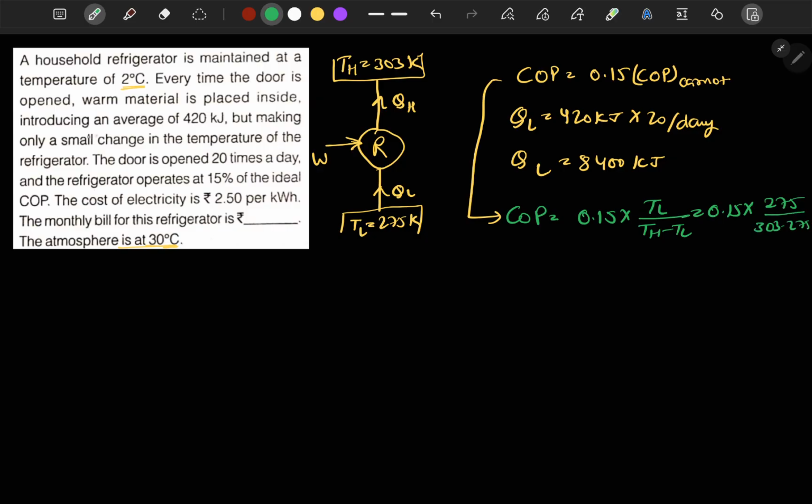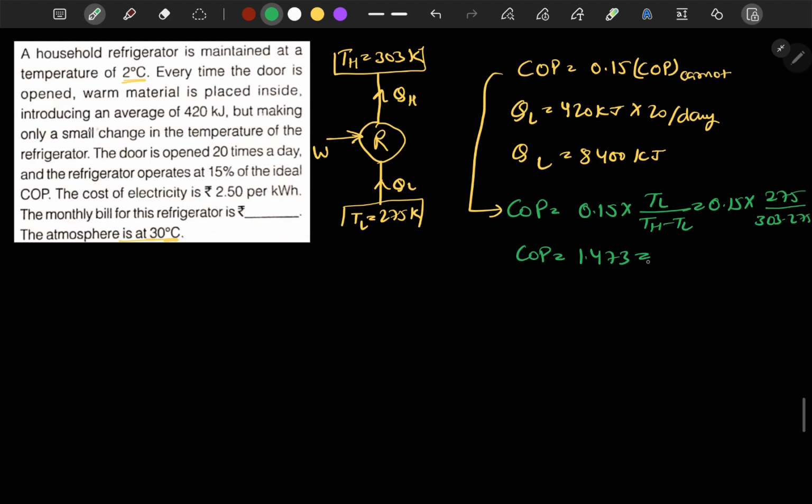So from here we get our actual COP equal to 1.473. We also know that this COP actual can be written as our desired effect, which is QL, upon the supplied energy input.